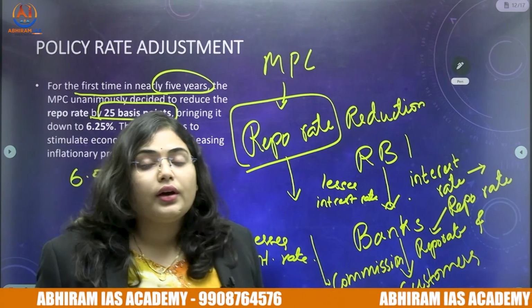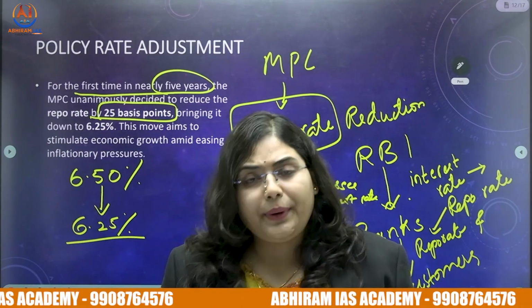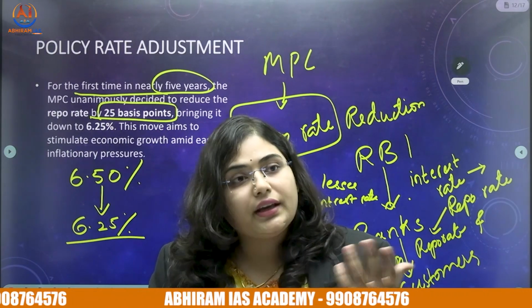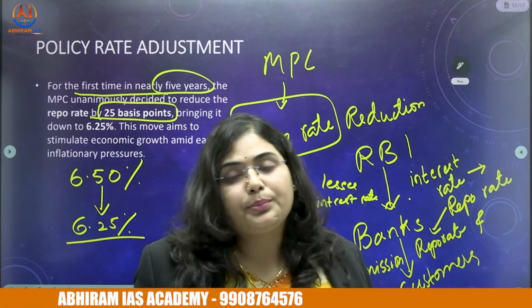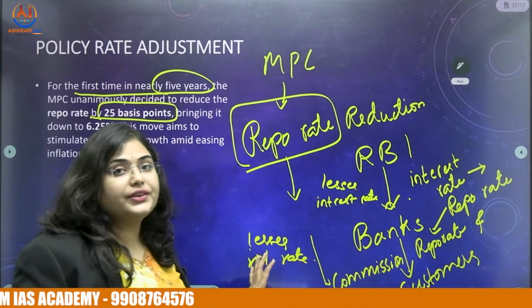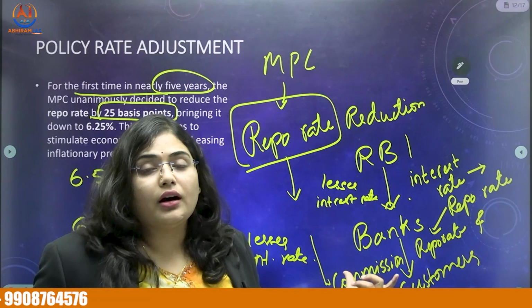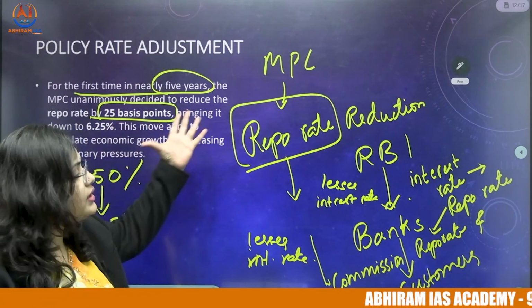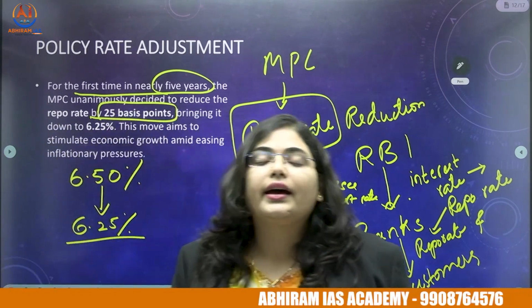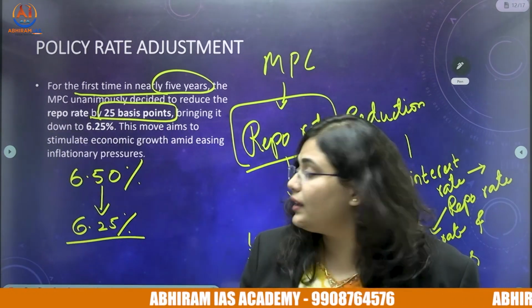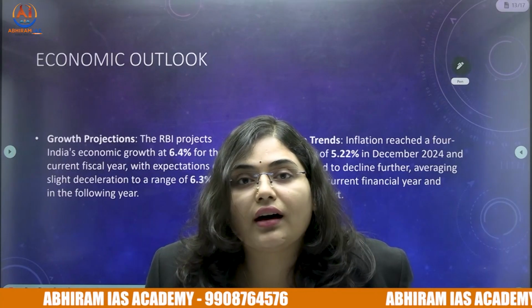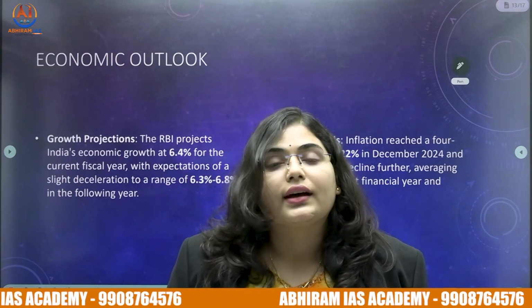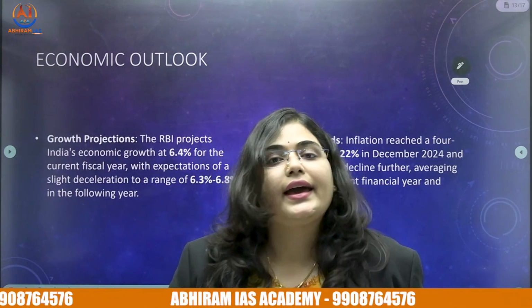For customers or entrepreneurs buying a car or home or for any other purpose, this lesser interest rate will be a motivation. In that way this decision is going to affect economic activity in India. That is how this policy is going to create a change in the Indian economy.